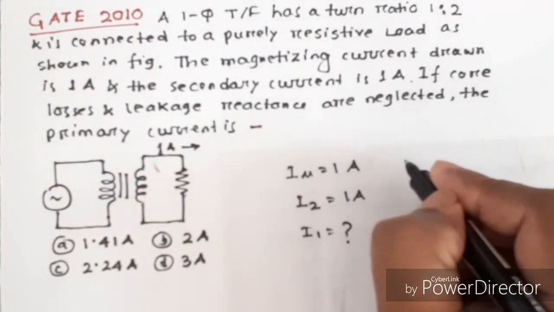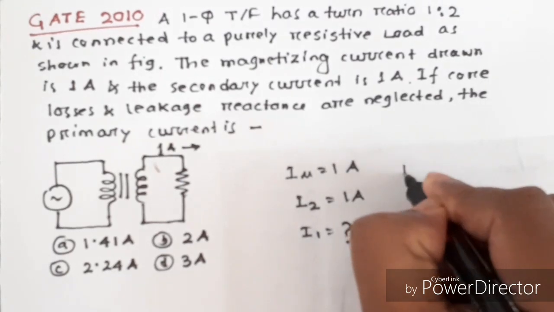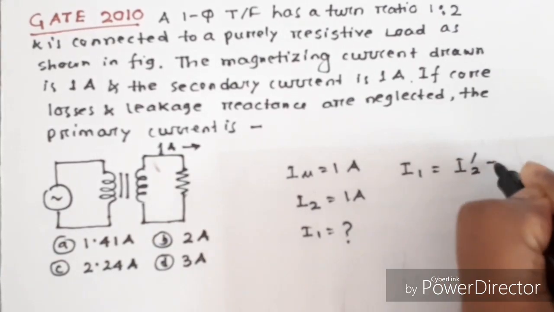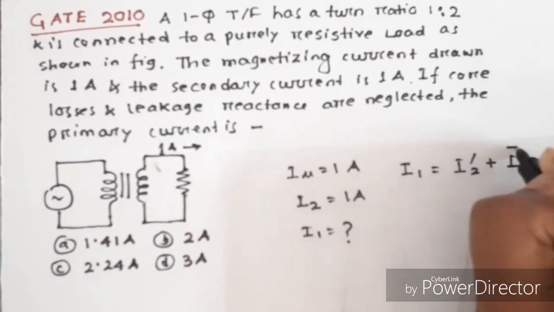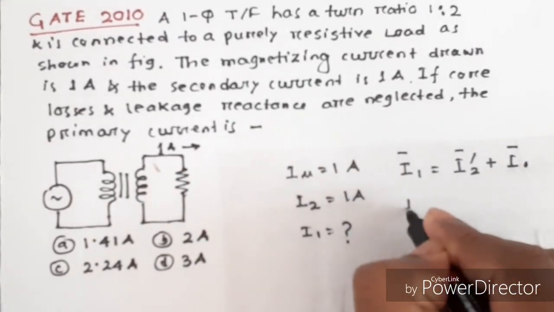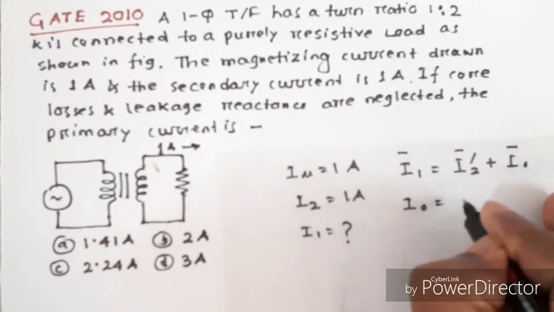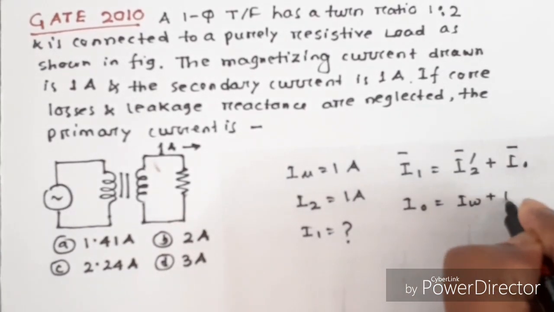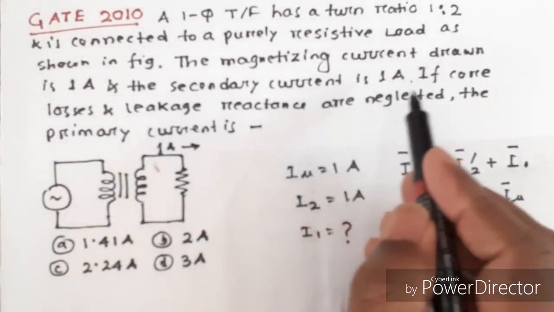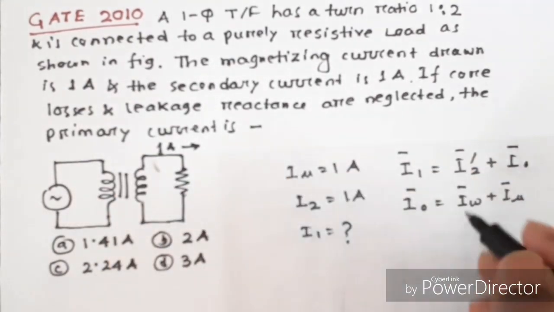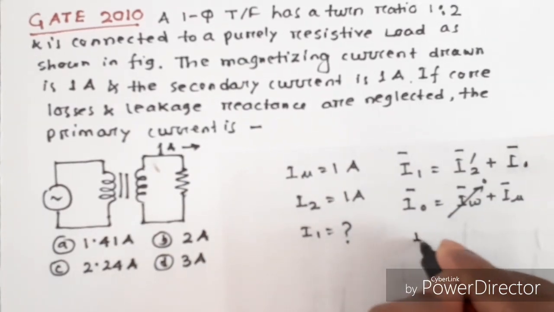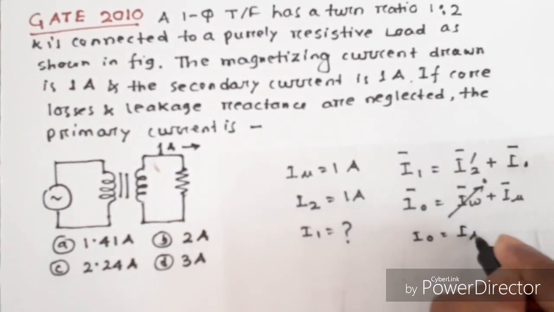From this theory, the primary current I1 is the phasor sum of I2 dash plus I0. Again, the no load current I0 is the phasor sum of IW plus I mu. Here the transformer core loss is neglected, therefore IW is 0, and I can say the no load current I0 is I mu.